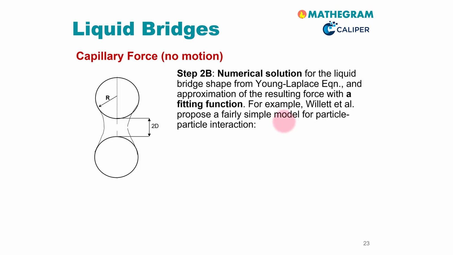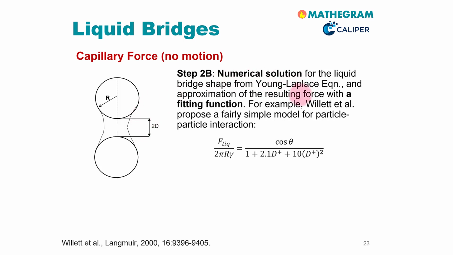The more often used approach to calculate the capillary force is this alternative B here. Here we do not adopt the toroidal assumption, but we perform a numerical solution for the liquid bridge shapes by directly evaluating the Young-Laplace equation. If you're interested in the details, I would like to recommend this excellent study from the year 2000.